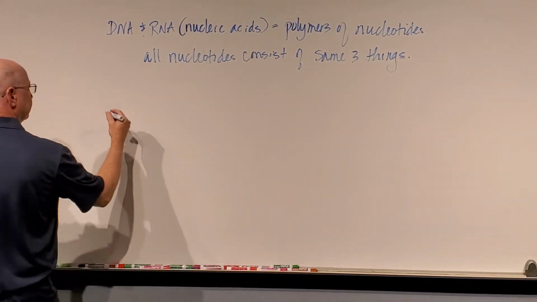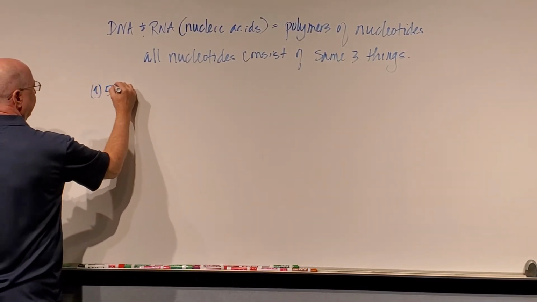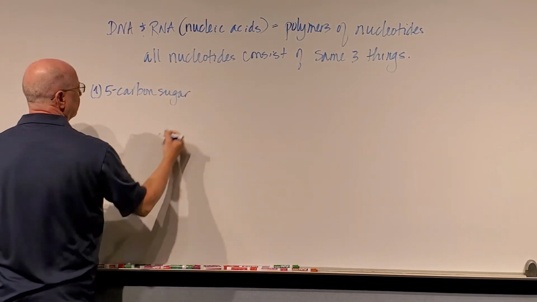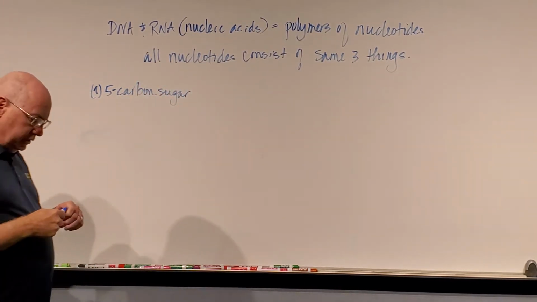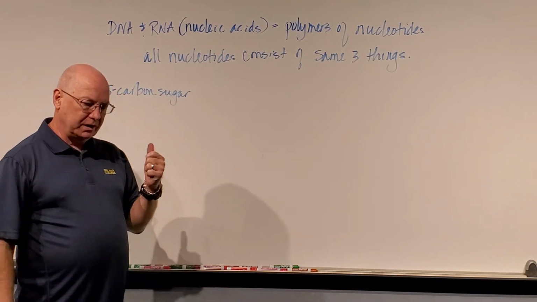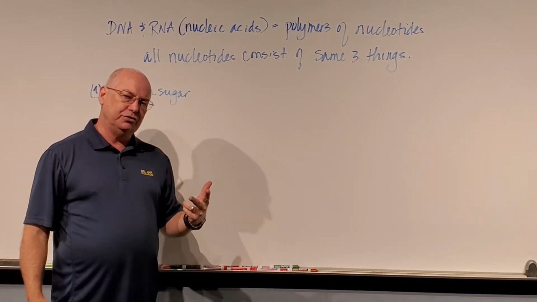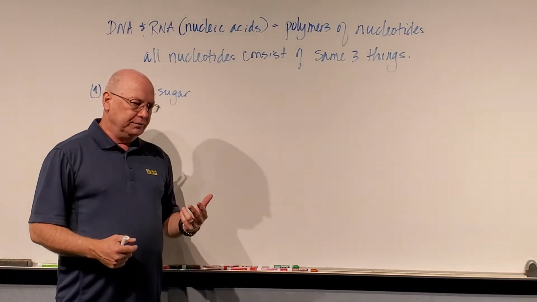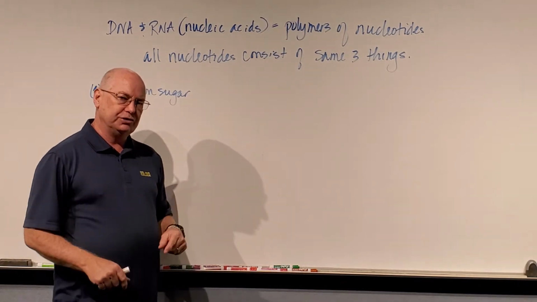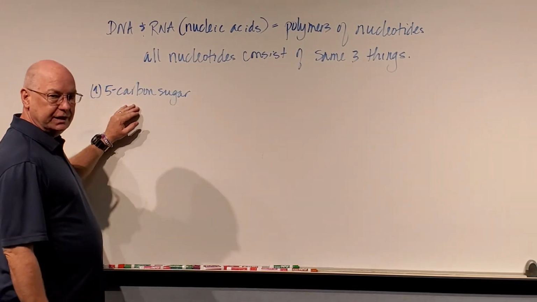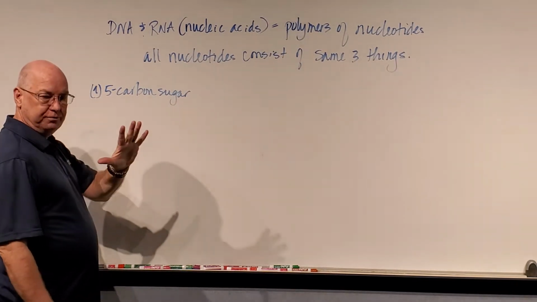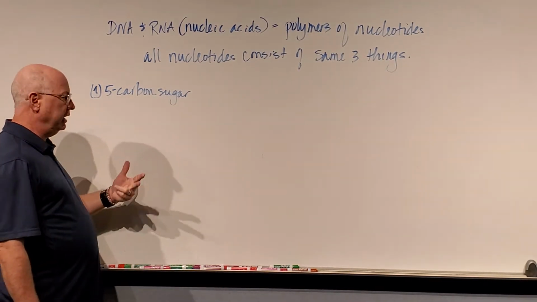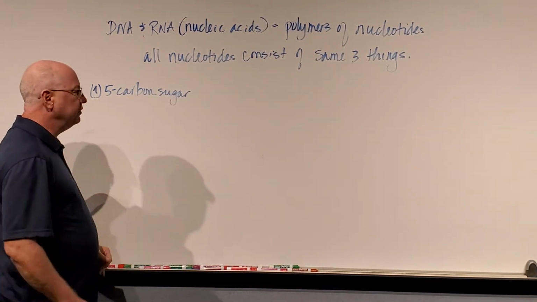One of those things is called a 5-carbon sugar. When we talked about glucose, galactose, fructose and sugars that are used for energy production, those tend to be 6-carbon sugars. But for the structure of DNA, we use sugars that only have 5 carbons in them. There's still some oxygens and hydrogens. All sugars have carbon, oxygen, and hydrogen, but these are only made up of 5 carbons.